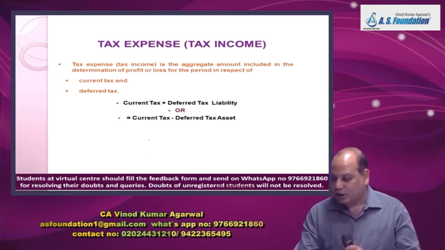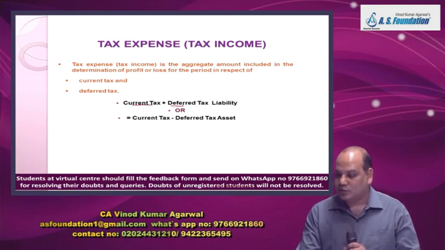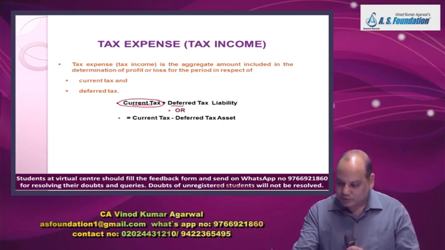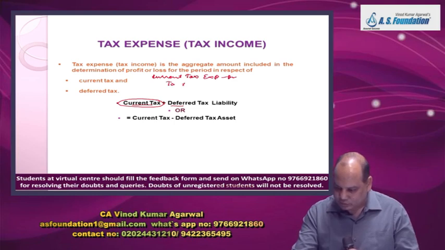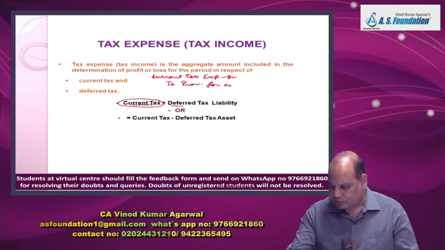Why do we add and why do we deduct? This you can understand if you understand the accounting. What is the accounting of current tax? Current tax expense account debit to provision for current tax, and this will transfer to P&L account.